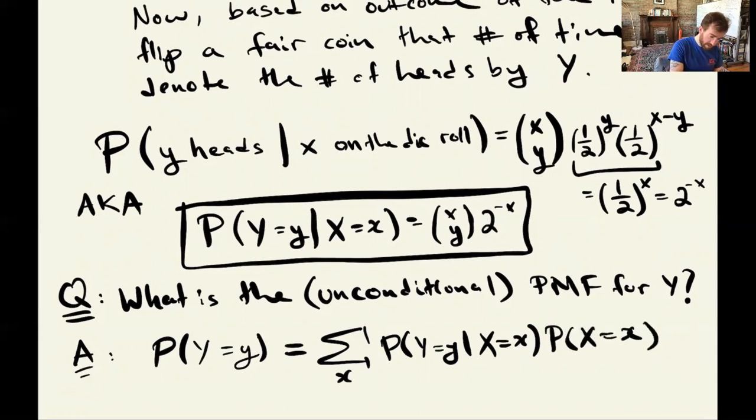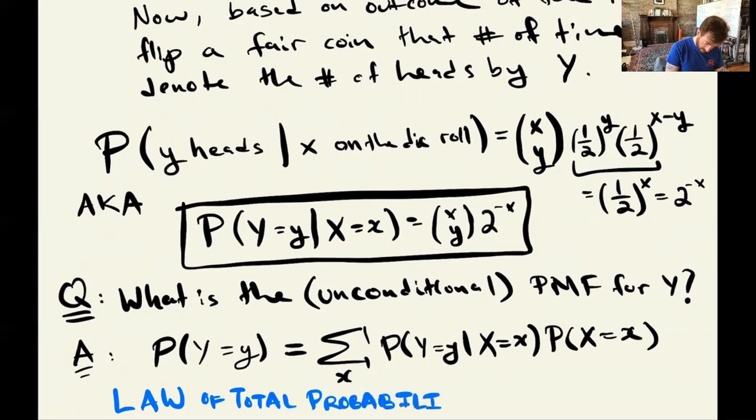All right, so this is sometimes called the law of total probability. Or sometimes people call it the rule of averaged conditionals.